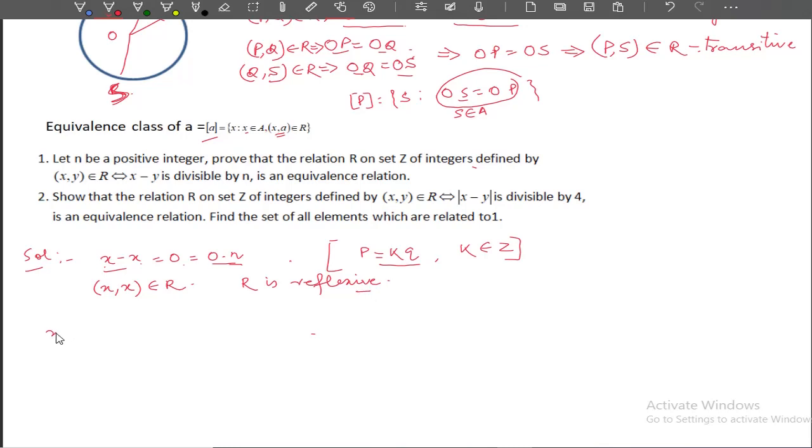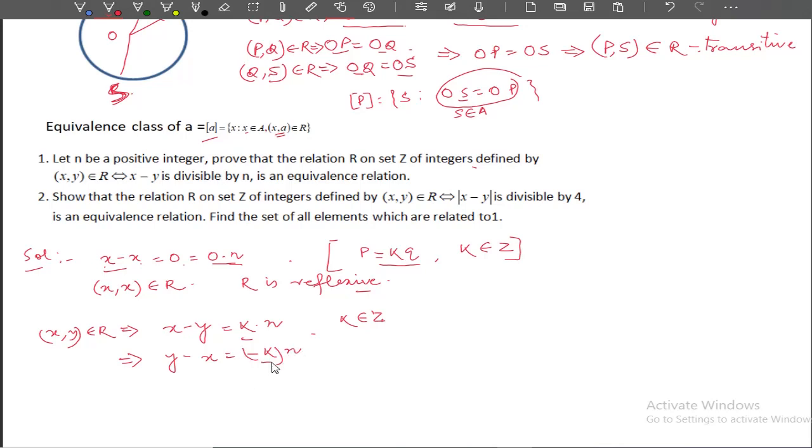Now let us suppose (x,y) belongs to R. That means x minus y is equal to k into n, where k belongs to the set of integers. y minus x is equal to minus k into n.